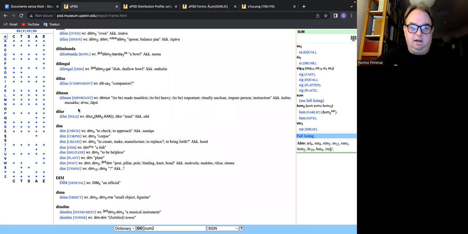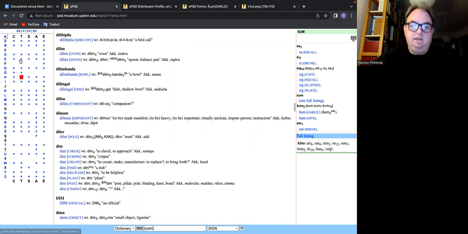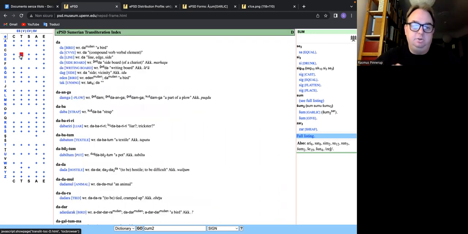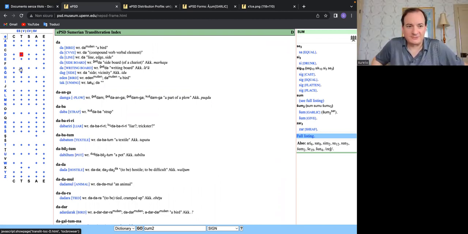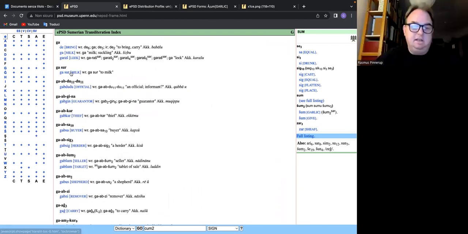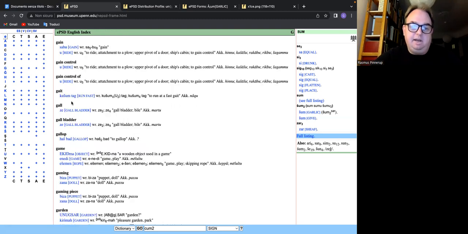Then the T column gives you the transliteration, not translation. For translation, you need to press the E column, E for English. Here you get the translation.